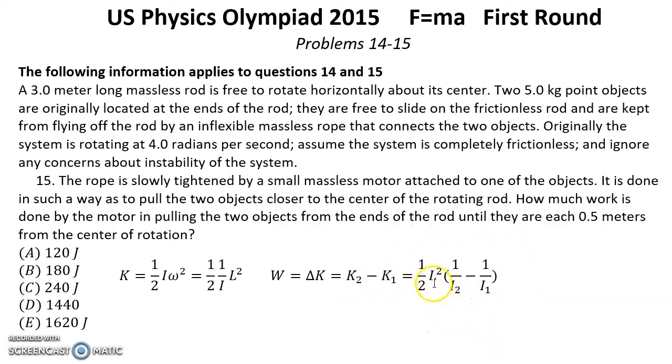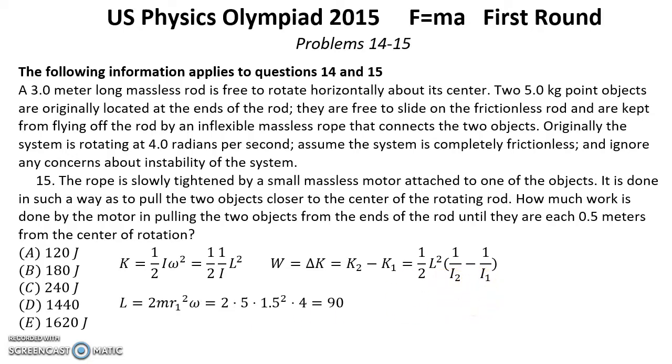Now let's count what is L, I2 and I1. Angular momentum we can count from the initial position, which in the final position is the same. So that's equal to mass multiplied by R1 square multiplied by omega, which is 90 in the SI unit system.